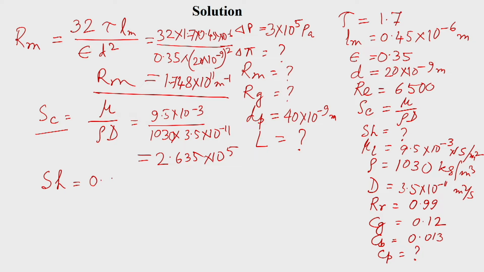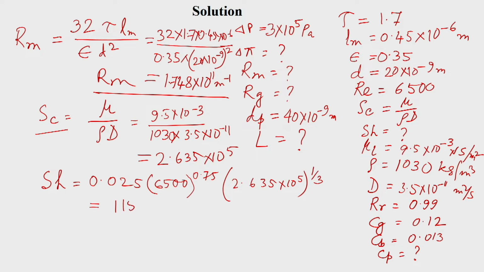That is 0.025 into Reynolds number to the power 0.75, 6500 to the power 0.75, and Schmidt number 2.635 into 10 to the power 5 to the power 1/3. Okay. So, it is coming out as 1150. This Sherwood number is equal to, we know, K L by D.